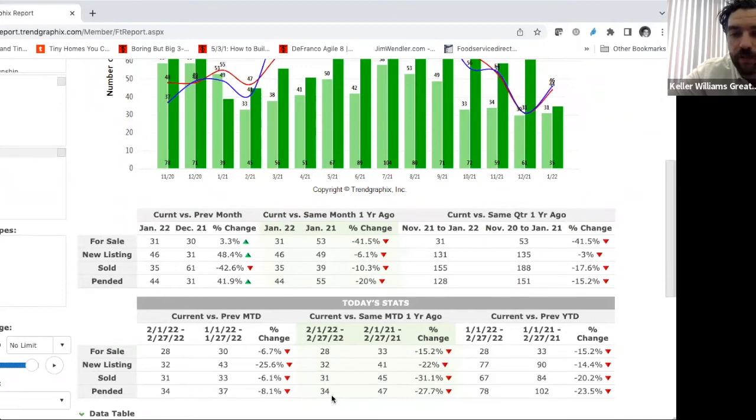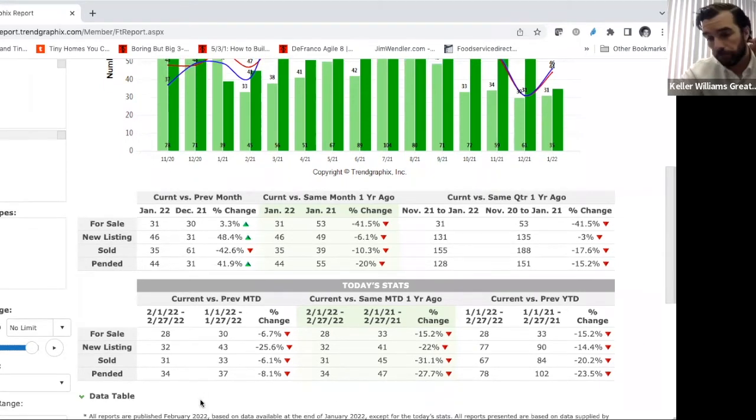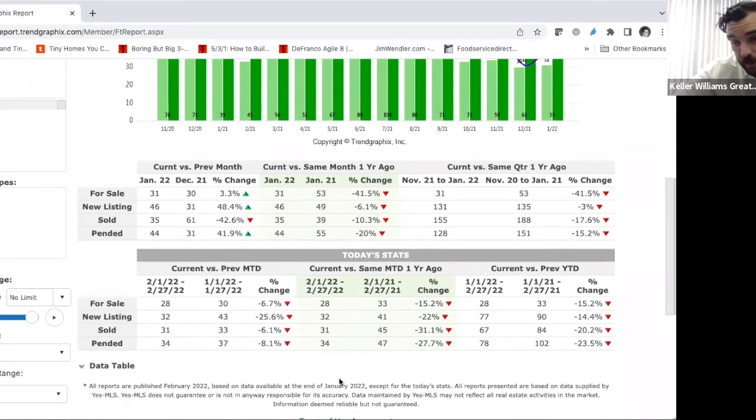And then all of these numbers update as well based on whatever qualifications you pick over here, right? So all of this data is in the same format again. So if you want to better understand, hey, there were 33 properties for sale last year.